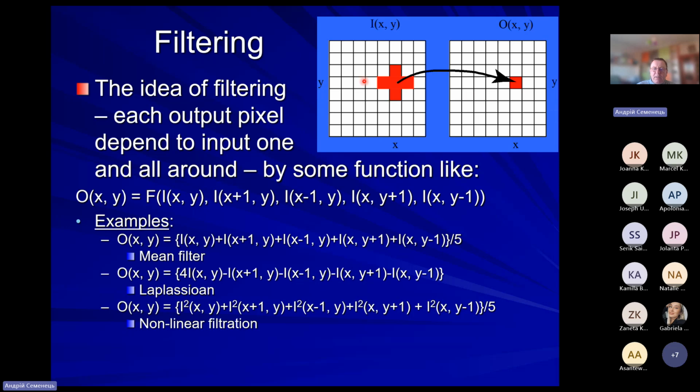So here is how it could be transformed. The only question is what kind of formula will be used for filtration, like mean filter, Laplacian, or nonlinear transformation. It's a different approach.